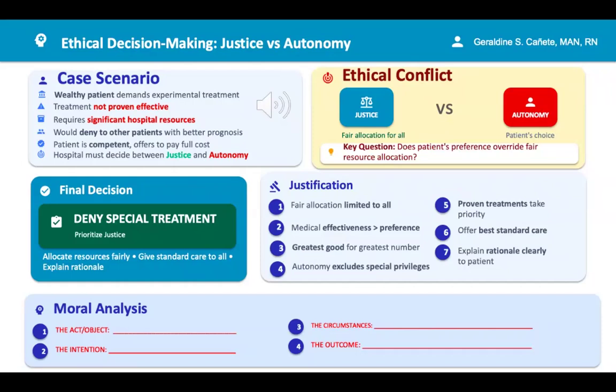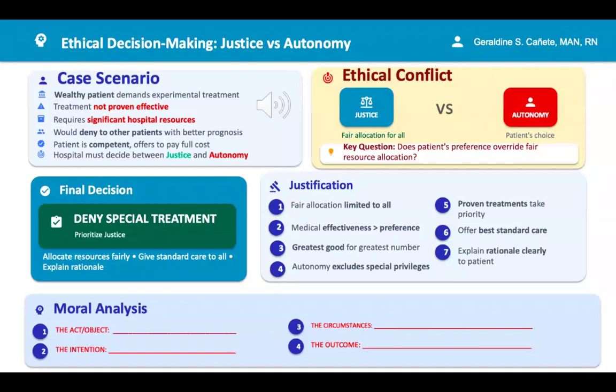On the principle of the greatest good for the greatest number, resources should be used to benefit the greatest number of patients. And on autonomy limitations, autonomy does not extend to demanding resources that would unfairly disadvantage others. Okay? However, there are some objections to this approach, and these are the ways we can address them.